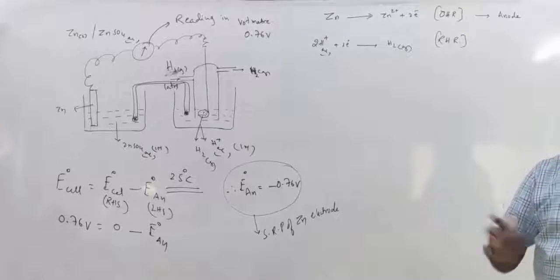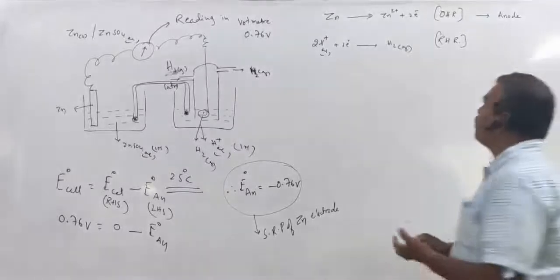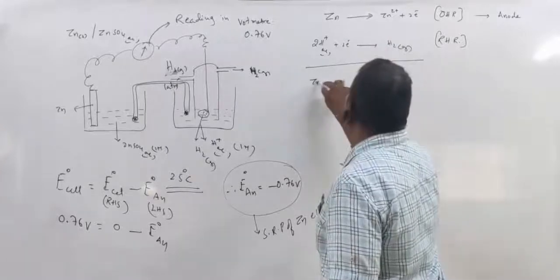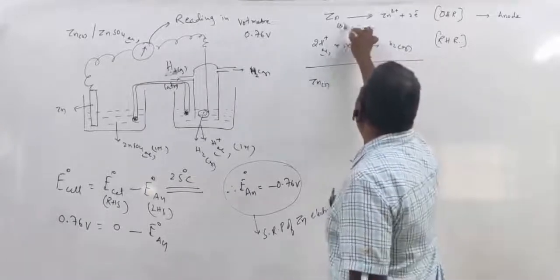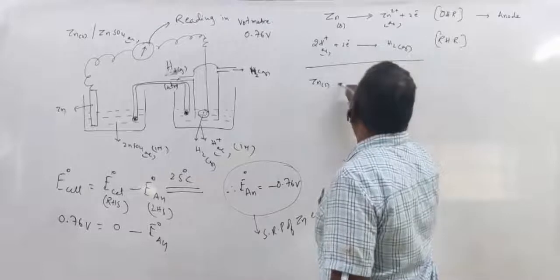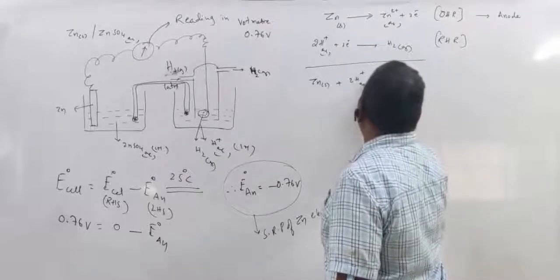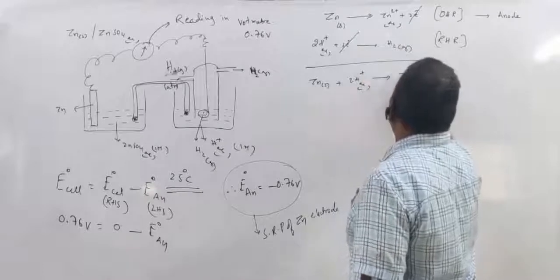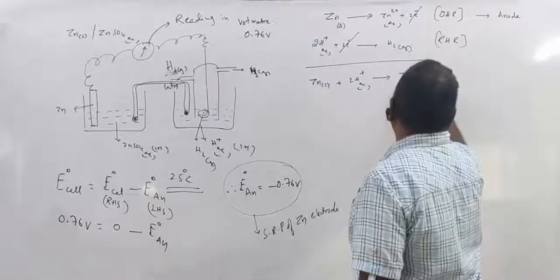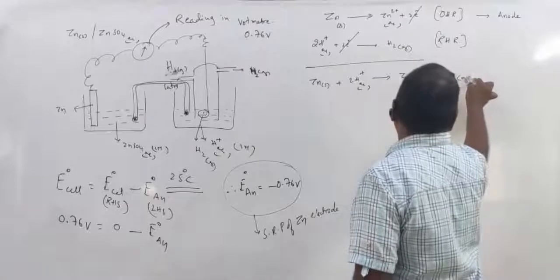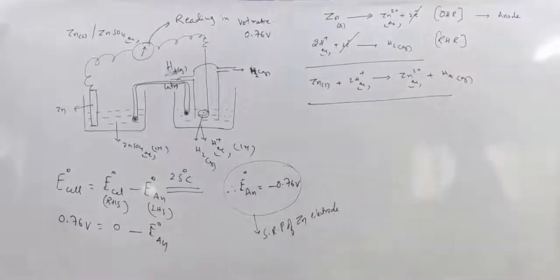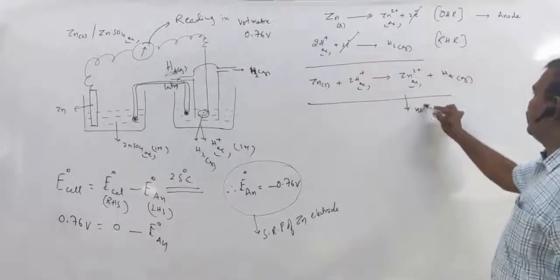So the simple way to write the equation: Zn solid plus 2H plus aqueous, the 2 electrons get cancelled, gives Zn2 plus aqueous plus H2 gas. So this is the net cell equation.